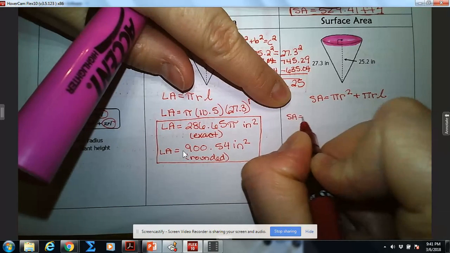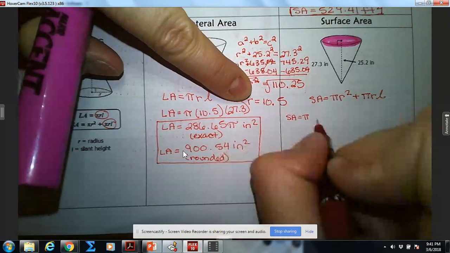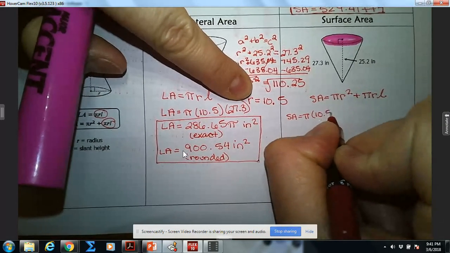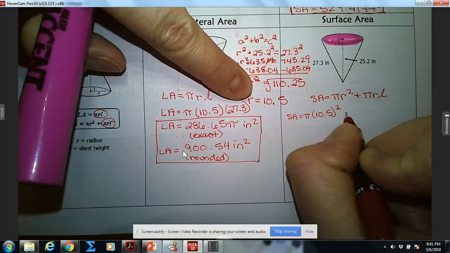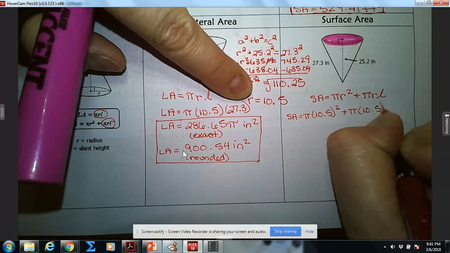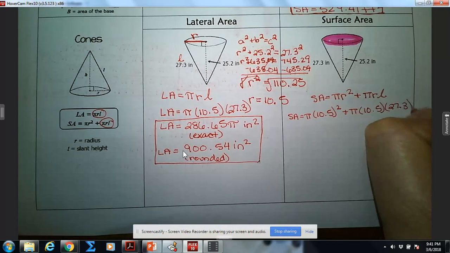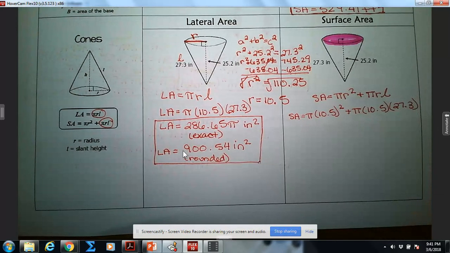Surface area equals pi times our radius that we found here, 10.5 squared, plus pi times 10.5 times your slanted height of 27.3. We're going to work to find an exact area first. Exact area means don't touch the pi button. So I need to do 10.5 squared.